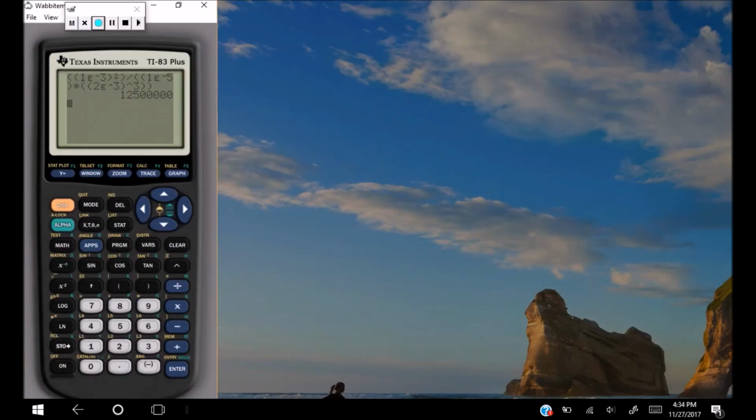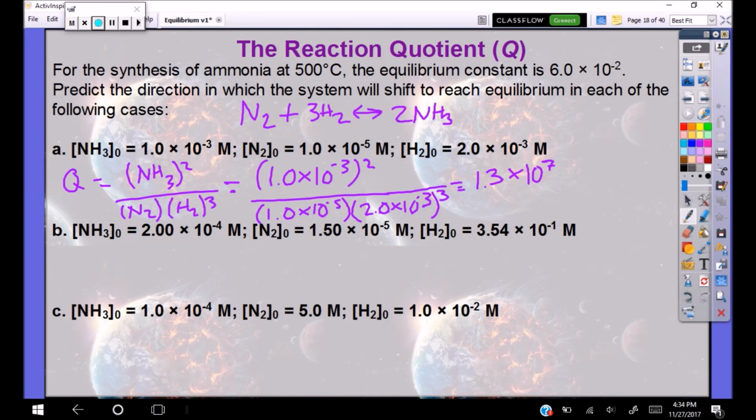Let's go back. 1, 2, 3, 4, 5, 6, 7. Yeah. Okay. And that is definitely way greater than my K. So which direction is it going to shift? It's going to shift to the left. Shift left.